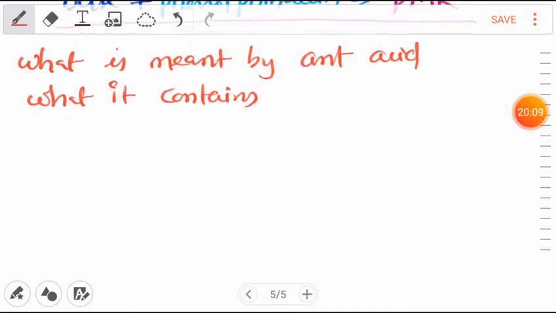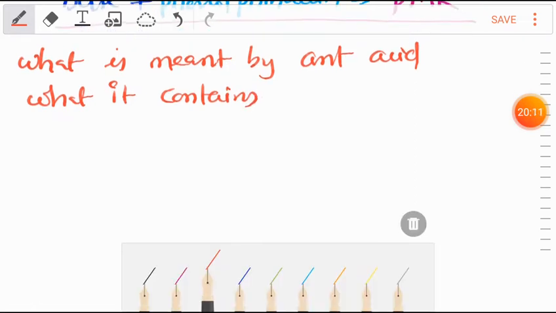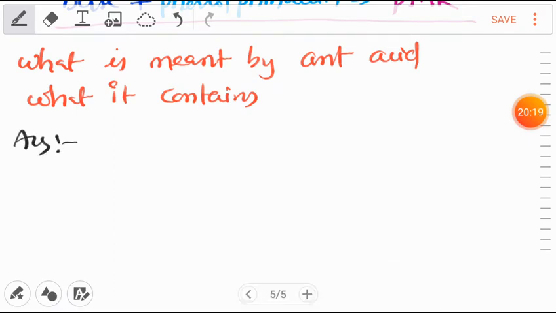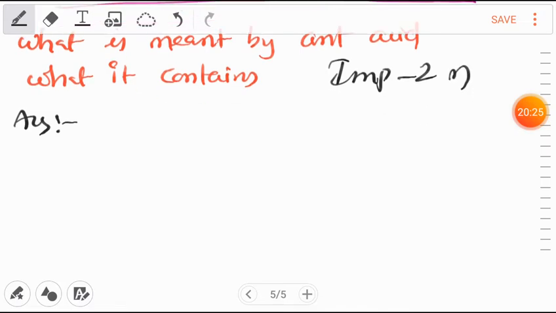Antacid is a remedy or medicine for acidity, that means gastric trouble. This is an important 2 marks question, so note it down.